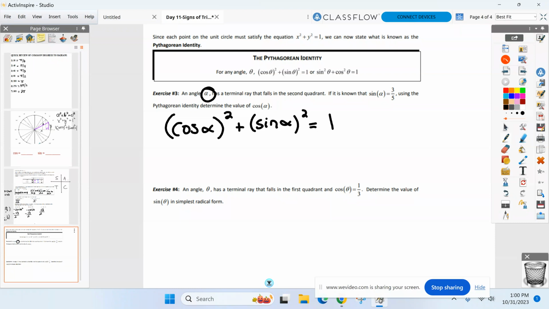Which value do I know up here? Sine, right? This says sine of alpha is 3/5, so I'm just plugging in 3/5. All I'm doing is substituting it in. All good? And then I'm going to leave this as cosine, because this is what I'm solving for.